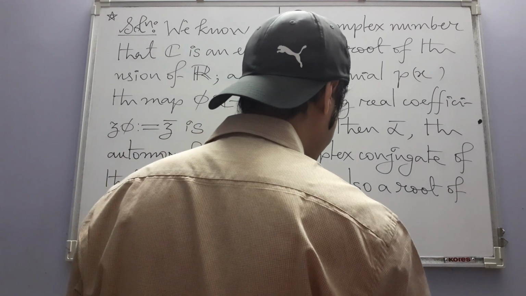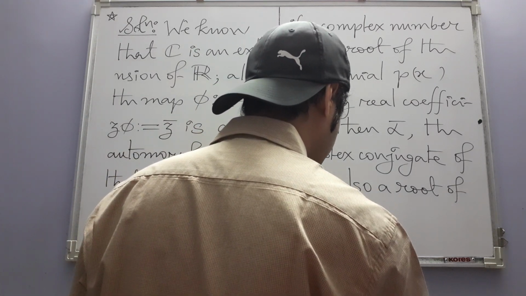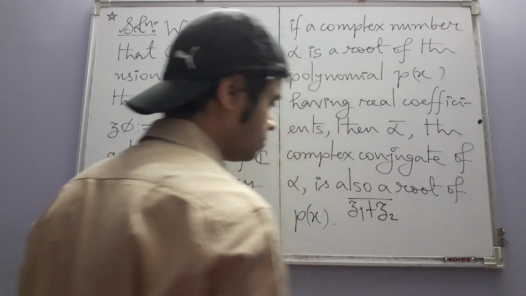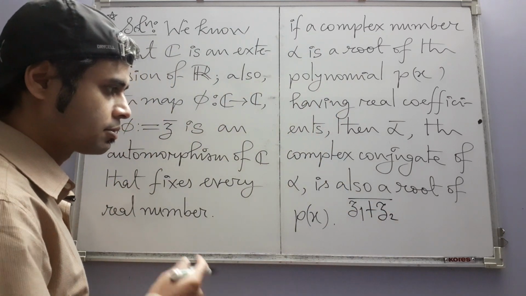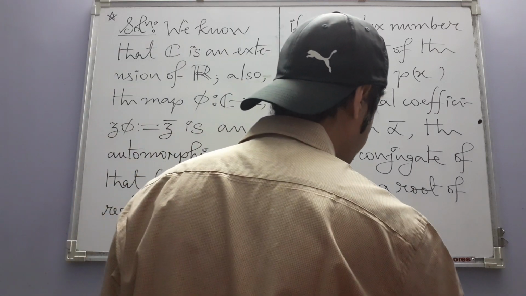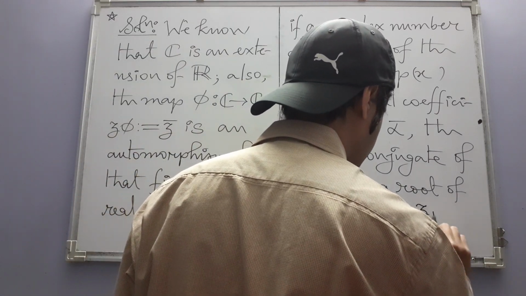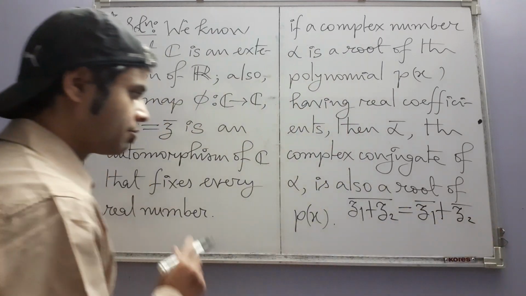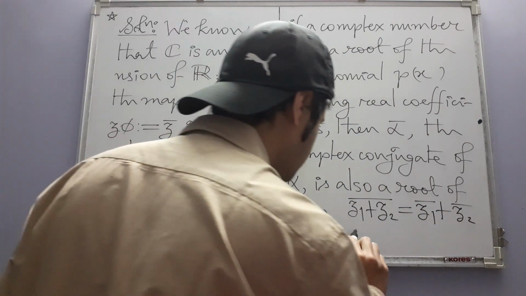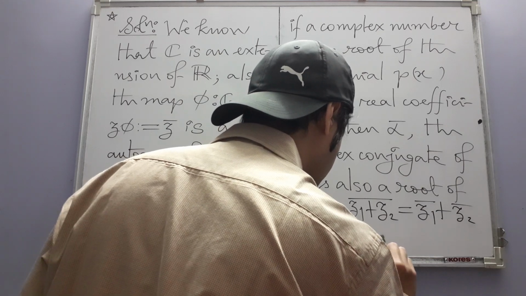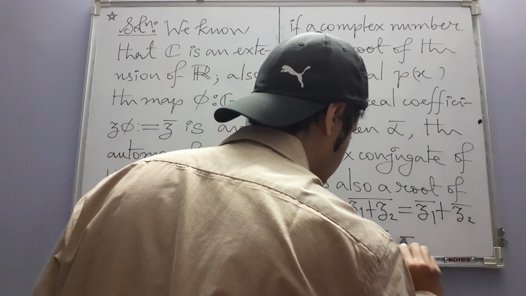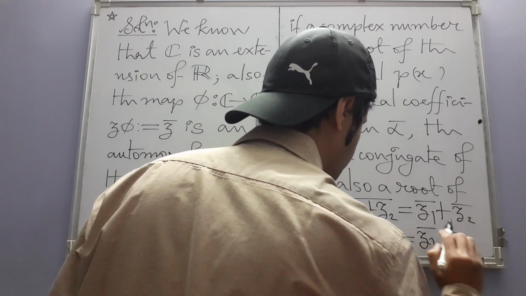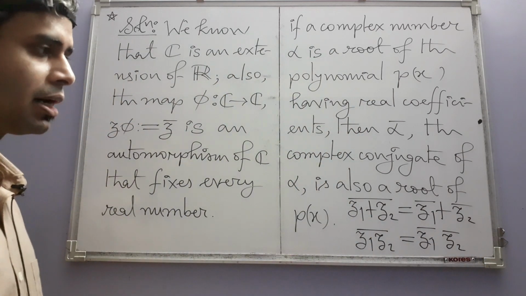That's because for two complex numbers z1 and z2, the complex conjugate of their sum is equal to the sum of their complex conjugates, proving that our phi respects addition. Similarly, we have this, proving that phi respects multiplication.